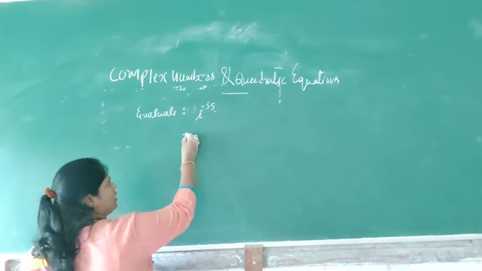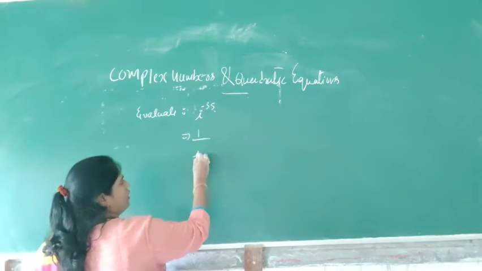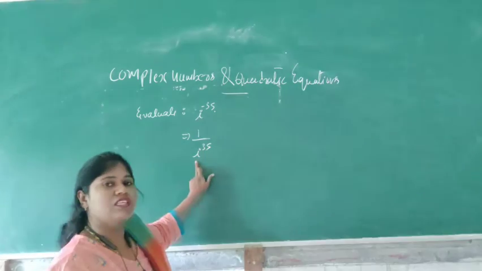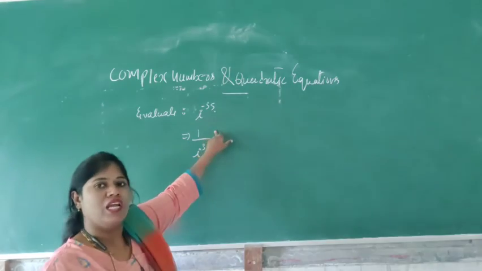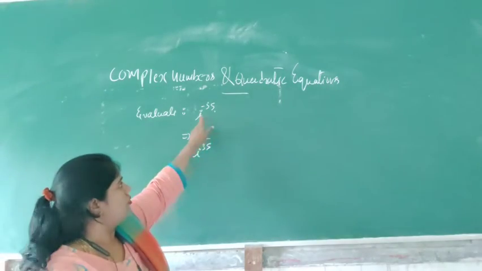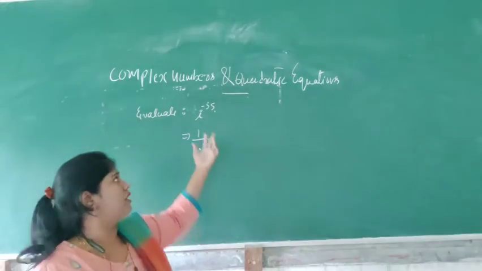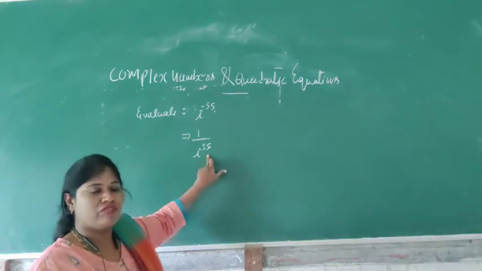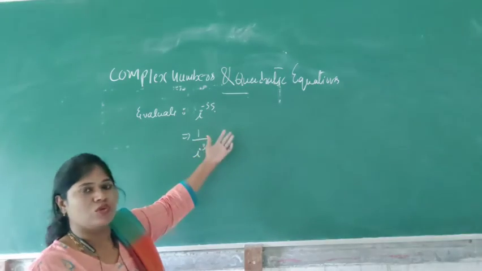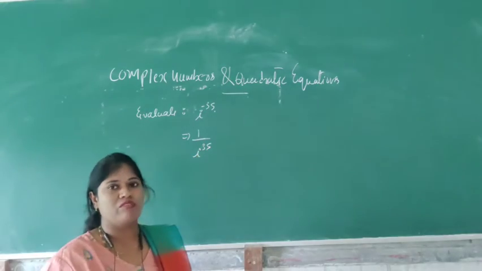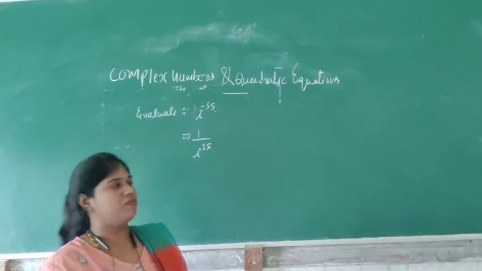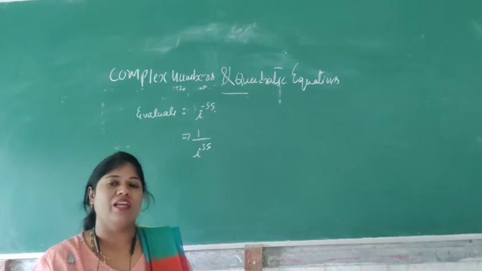This can be written as 1 divided by i raised to 35. If I take this i to the power of 35 to the numerator, it will be i to the power of minus 35. A raised to m divided by a raised to n is equal to a raised to m minus n.